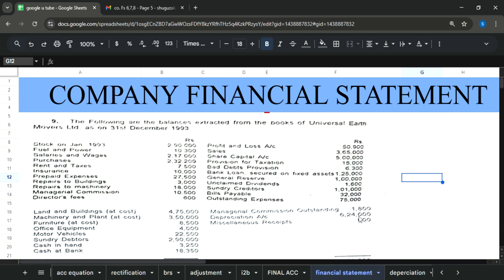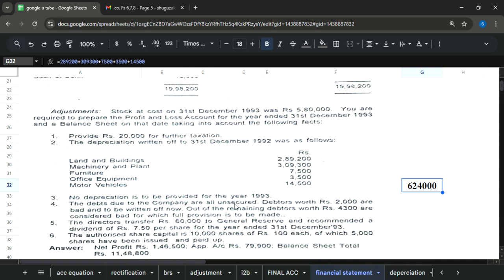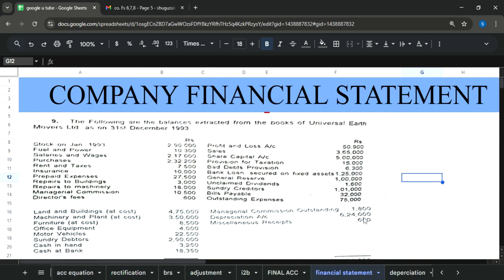Why are we focusing upon this point? Because depreciation is supposed to be written on both sides if it is present in adjustment. But as I have told you, the total amount of this depreciation is already present in the trial balance. So it's not an adjustment, it would not have a double effect. We will be recording it only once, no dual effects.